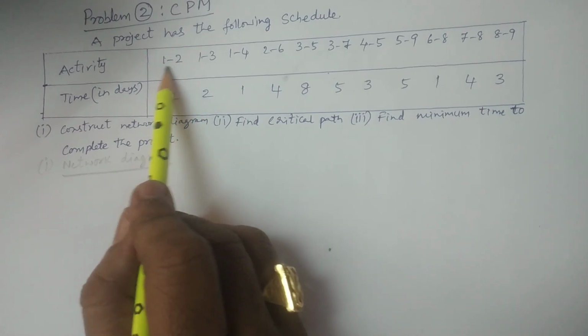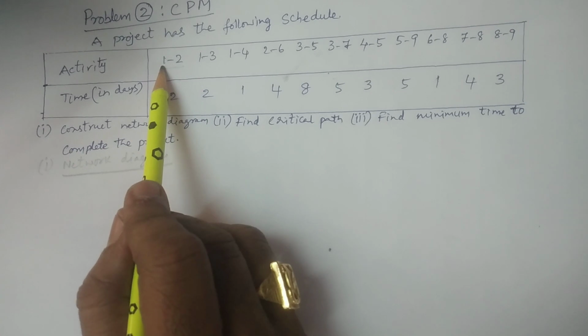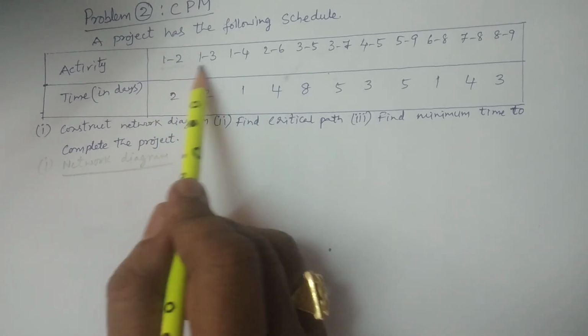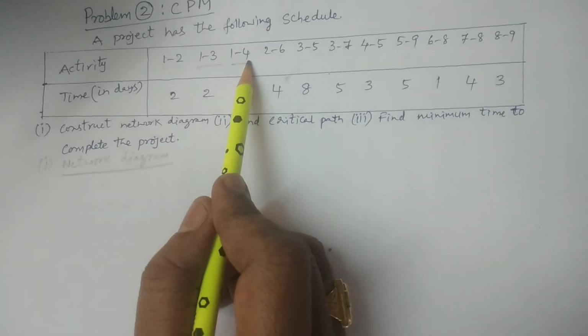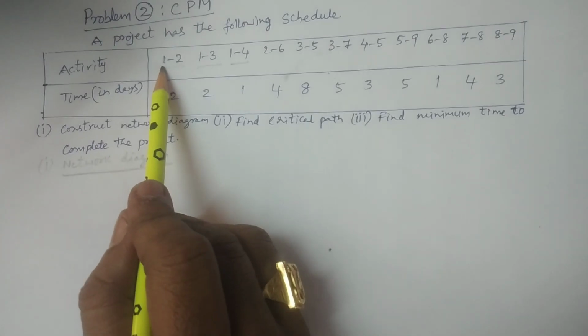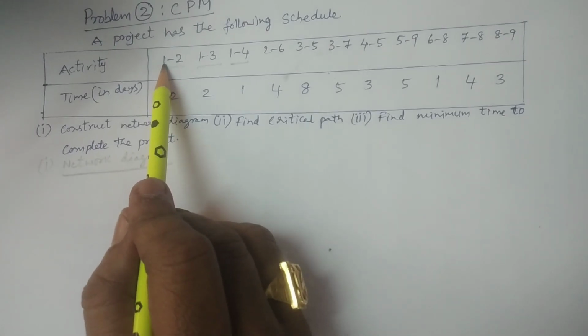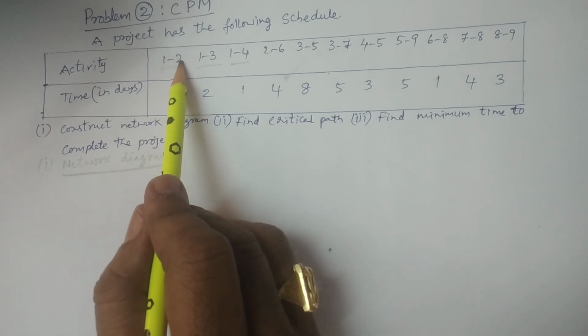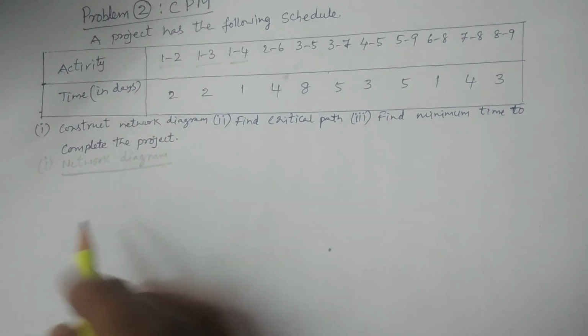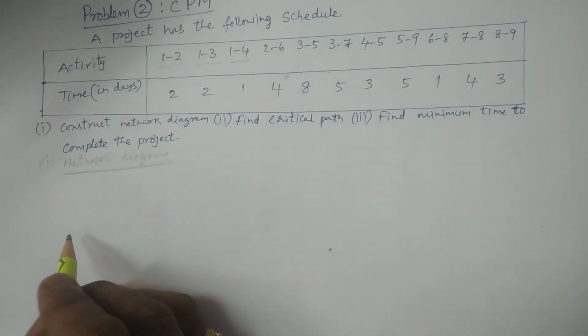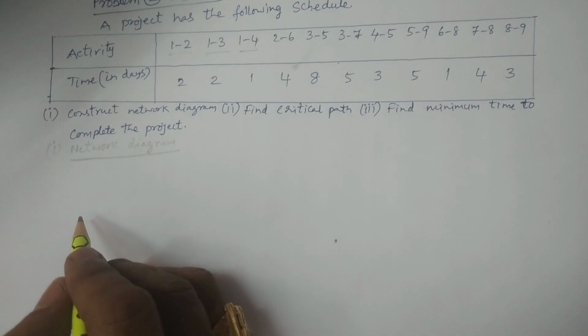So for example, you see here 1 2, 1 tail event, 2 head event, like that, 1 3, 1 4. So from the first node, that is our event 1, 3 activities are connected, 1 to 2, 1 to 3, 1 to 4. So that is what I am first of all constructing.